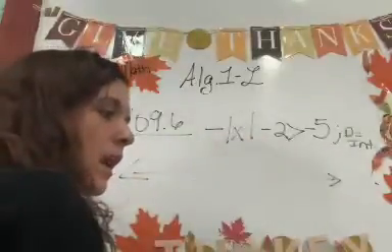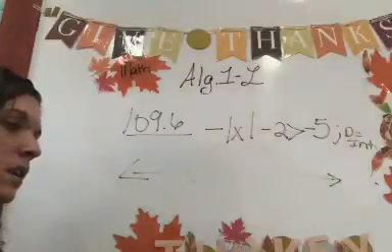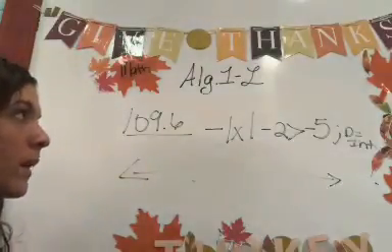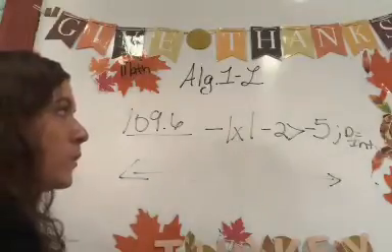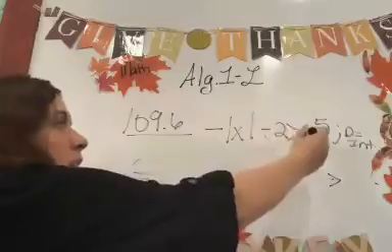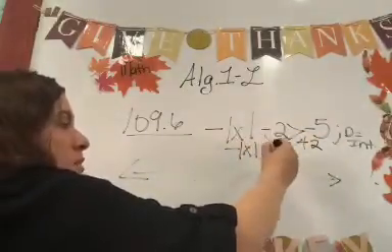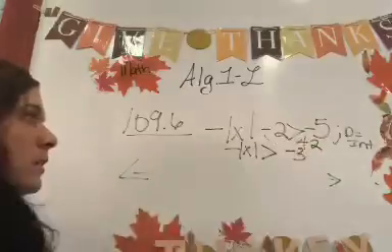The very first thing you have to do is solve for this x. So what are you going to do? You're going to move this over here as plus 2, so it's going to be negative absolute value of x is greater than negative 3, okay?